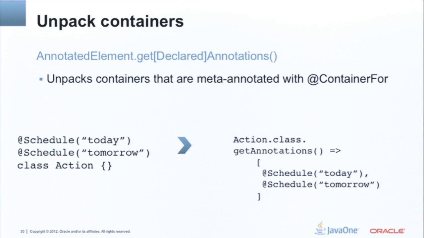When we find something in that array, if it is a container, which it is if it's annotated with container for, then we unpack it for you and add all the individual annotations from the container to the return value of getAnnotations. So in this case, you will get your two schedules on the getAnnotations call.